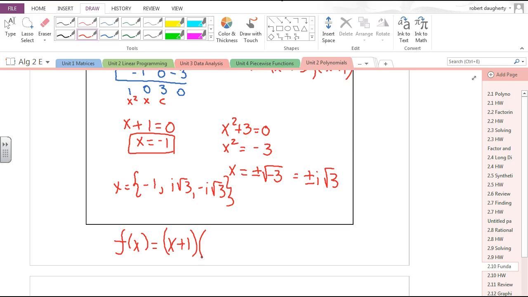How did you go from this being a root to that being a factor? Yeah, x minus i square root of 3 and what? X plus i square root of 3. Those are all the factors of that polynomial.